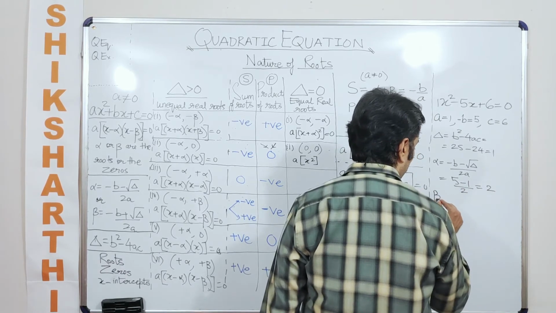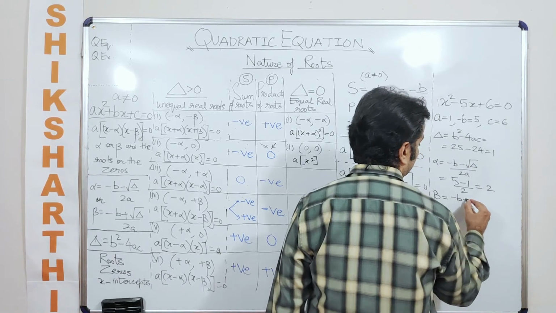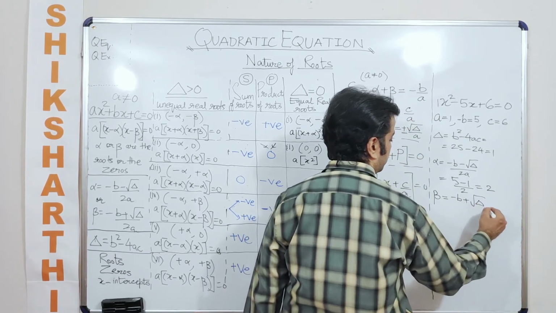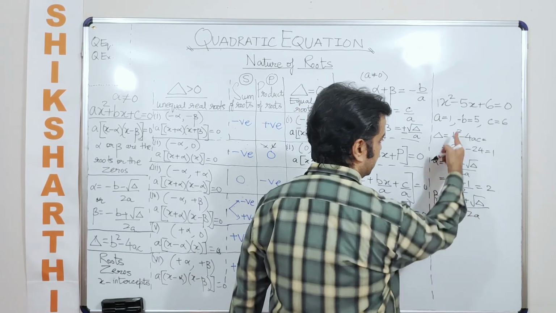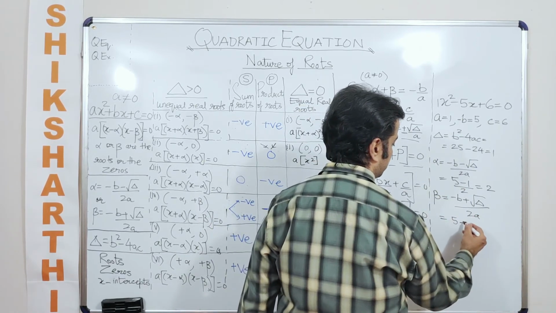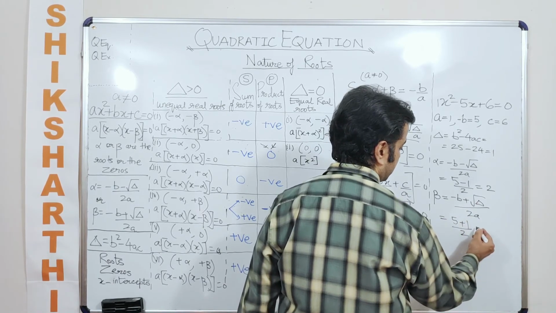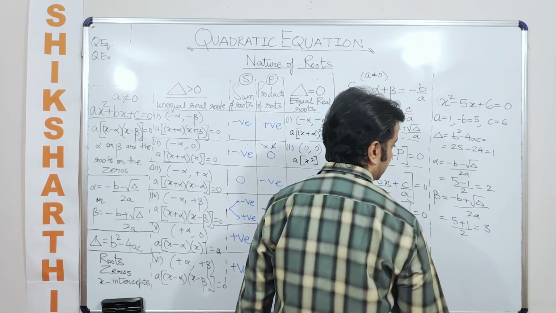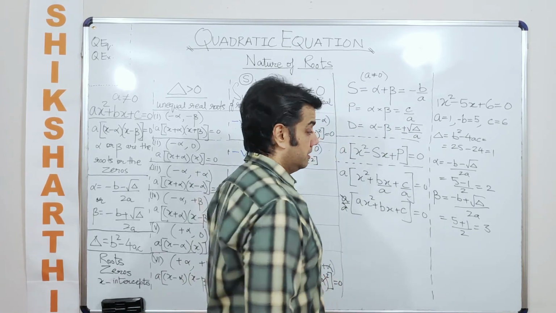The other root here is minus b plus root delta upon 2a. This is the other root. So do we know the value of minus b? Yes, which is 5. Do we know the value of root delta, which is 1, divided by 2a, which is 2 into 1. So from here we get it as 3. So you can say that the roots are 2 and 3.